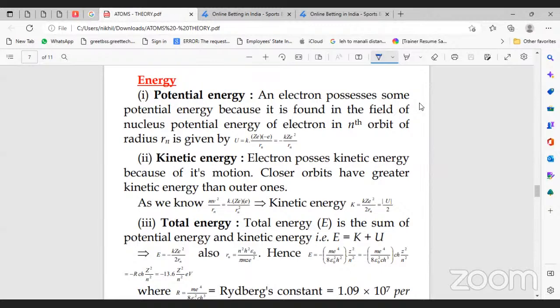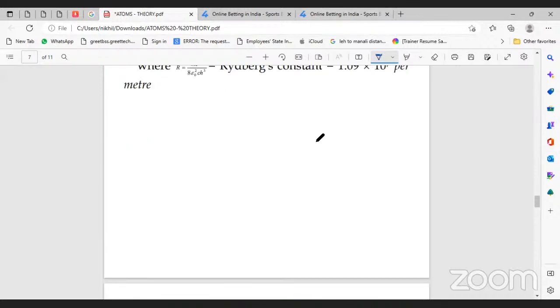So in the last class, we have studied the energy of an electron in the nth orbit of a hydrogen atom. So what are the formulas? We got it for the total energy.